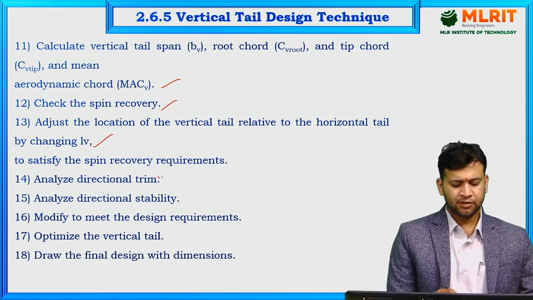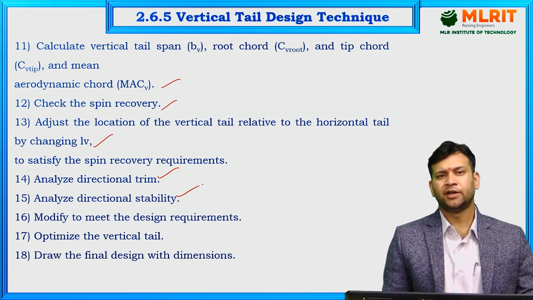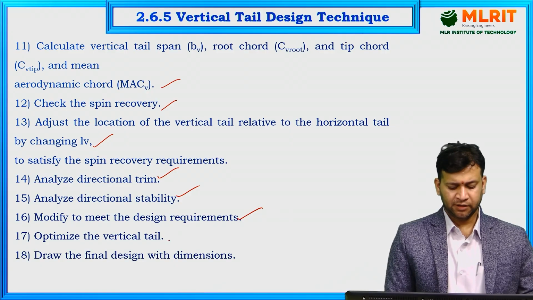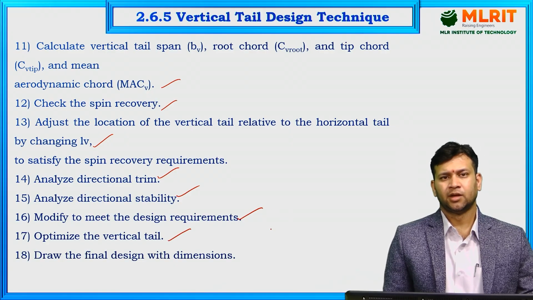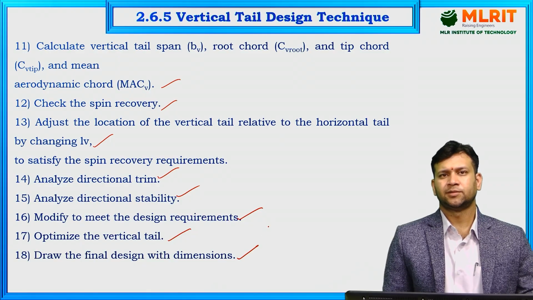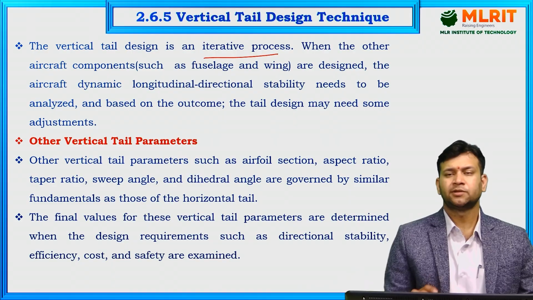We analyze the directional trim, then after that directional stability is analyzed, then it is modified to meet design requirements and optimize the vertical tail. Once all stages 1 to 17 are done, we draw the final design with dimensions. The vertical tail design is an iterative process.